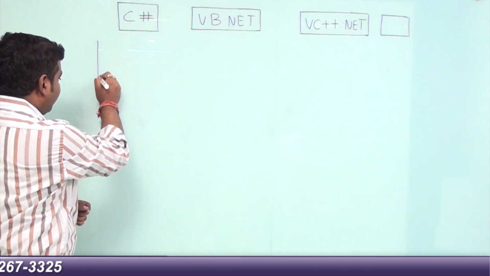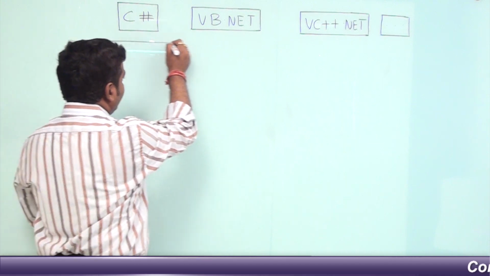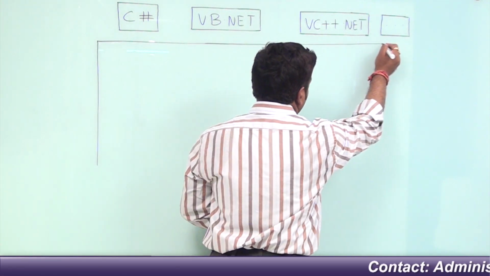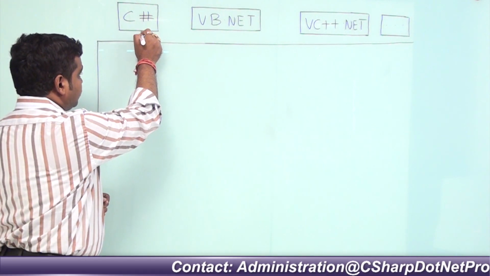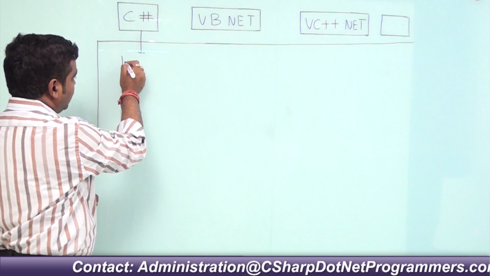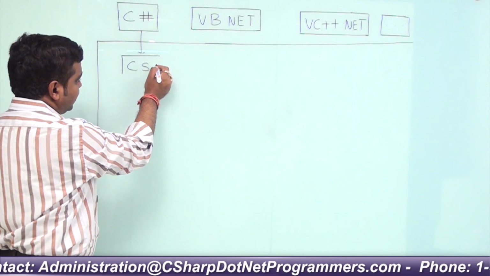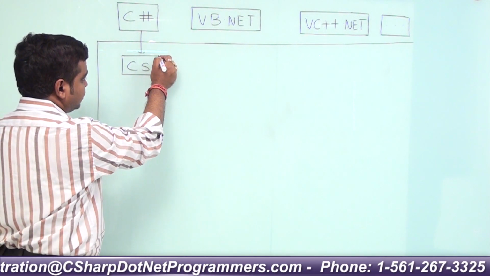For every language, the framework provides us some kind of compilers. C# supports a compiler with a name called CSC.